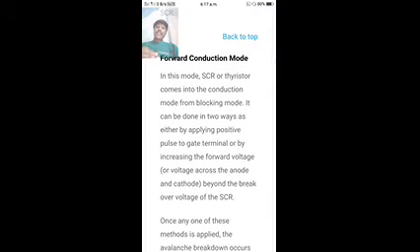In the forward conduction mode, the SCR can also be turned on by applying the gate current. Here the gate was kept open, so by applying the gate current, the reverse bias at the junction J2 gets reduced.